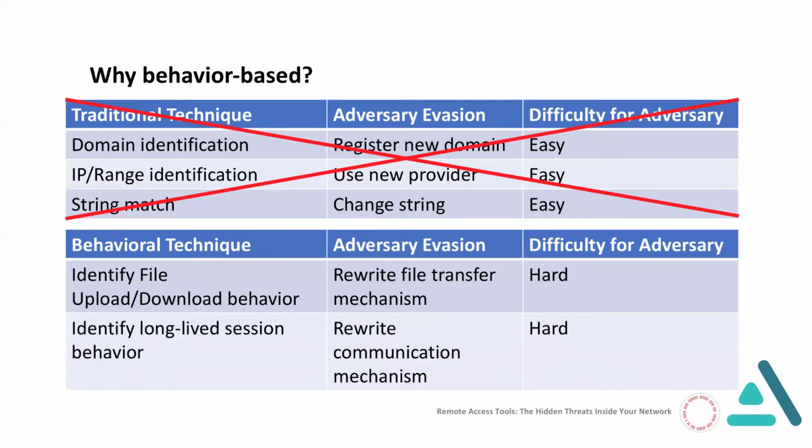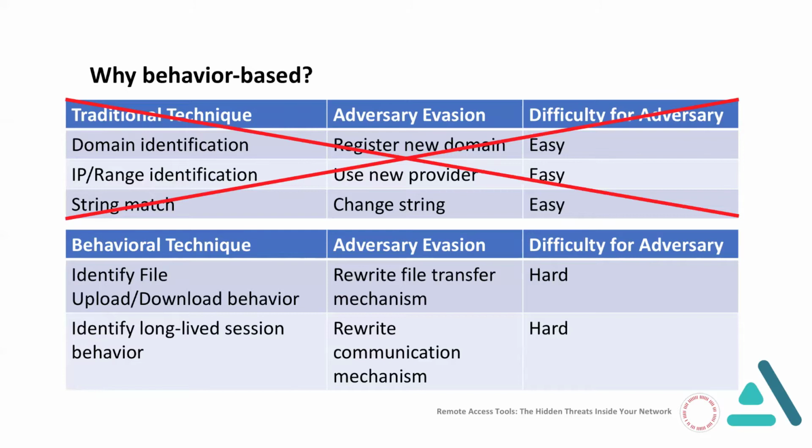But from a behavioral side of things, if you're identifying file upload or download behavior, the adversary, in order to evade that, has to rewrite the file transfer mechanism, which isn't something that they're likely to do. If they are, then there are other things that we need to worry about beyond just being able to detect them via this behavioral capability.